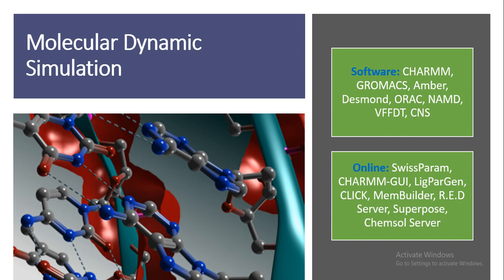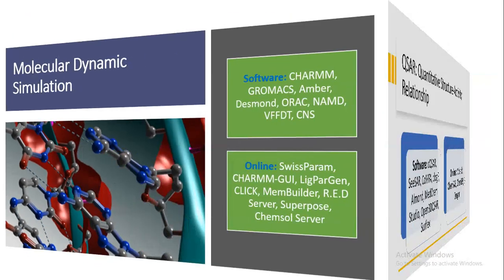And for online we can use Swiss Param, CHARMM GUI, LigPargen, Click, MemBuilder, RED server, Superpose, ChemSol server. So we can use these different online softwares which are available for molecular dynamic simulations.